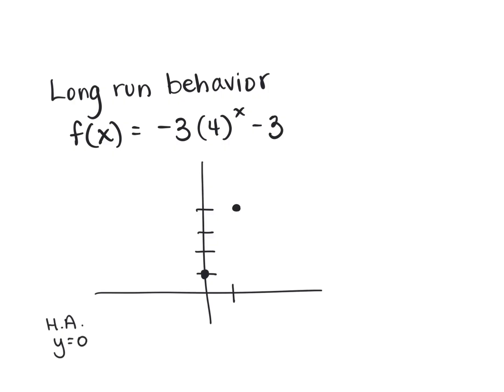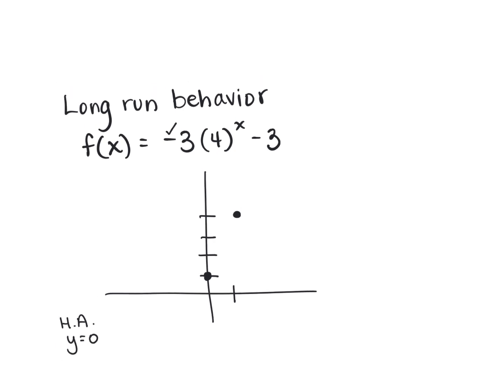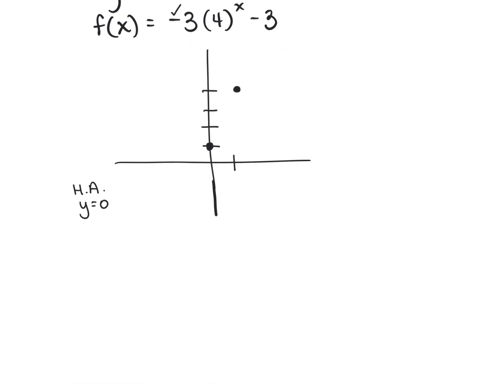All right, so what happens is we reflect this over the x-axis because I have a negative on the outside. So to do that, we just take all of our y values and we flip them over the x-axis. So I'm here at 0, -1, and I'm here at 1, -4.